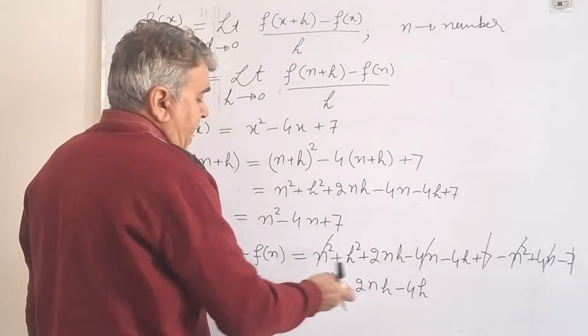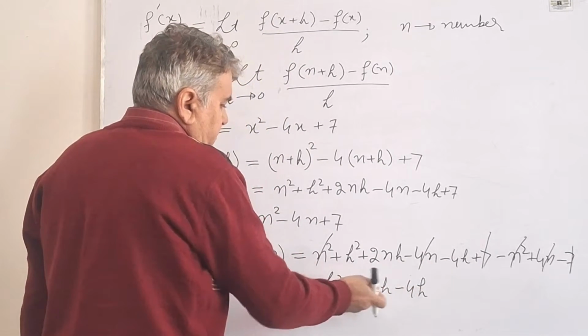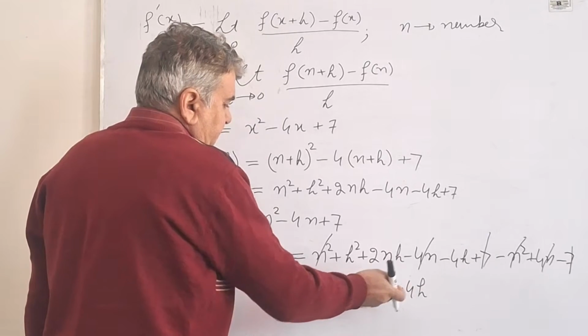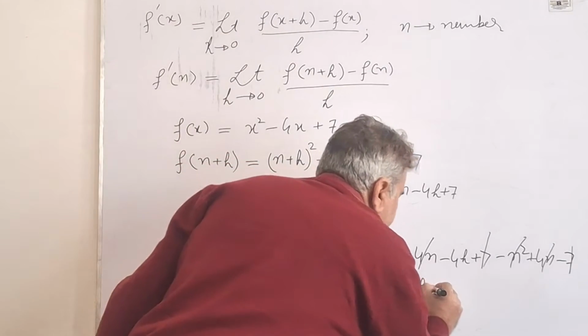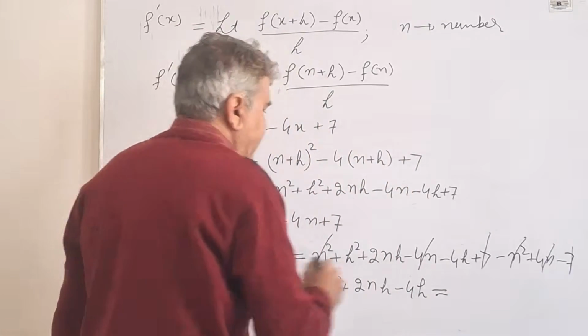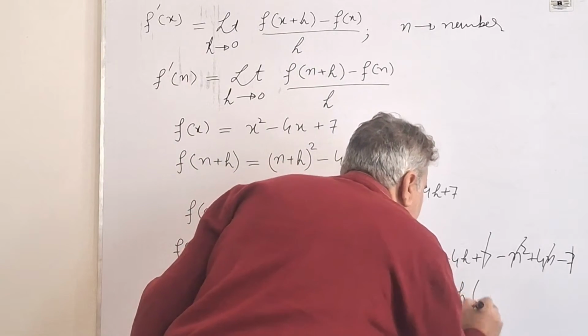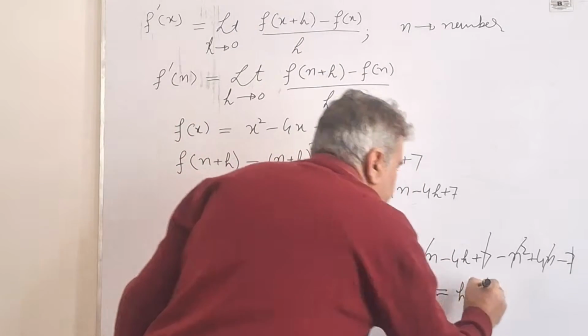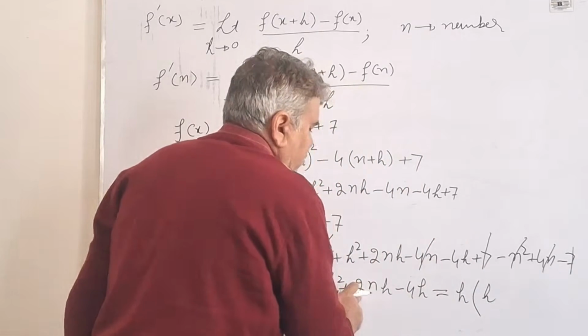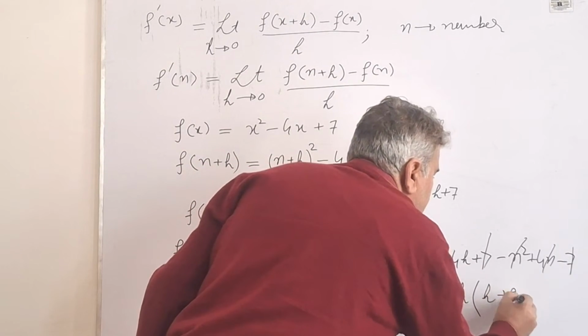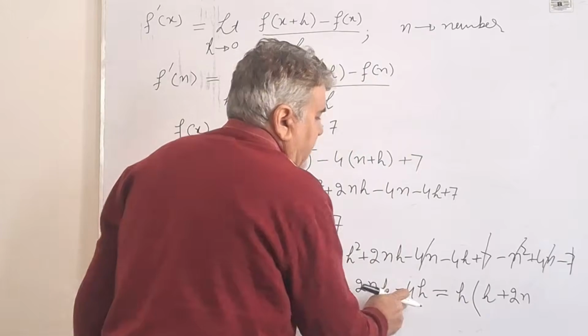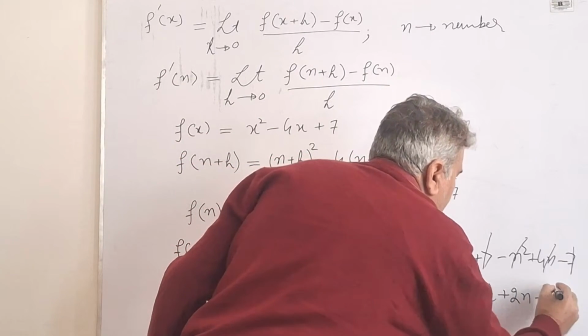And since every term in this relation carries h, I can take h common from this to write this as h times, so this would become h, this would become plus 2 times n, and this is minus 4.